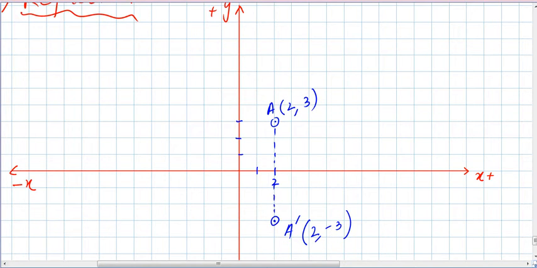Similarly, if I use the y-axis as a line of reflection, so this point A comes on the left with a point A dash and becomes -2, 3.